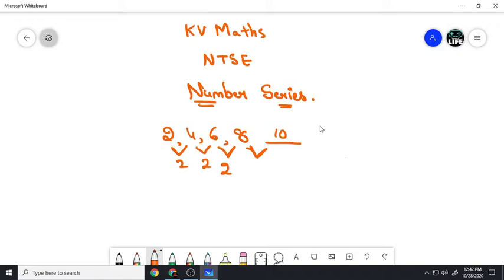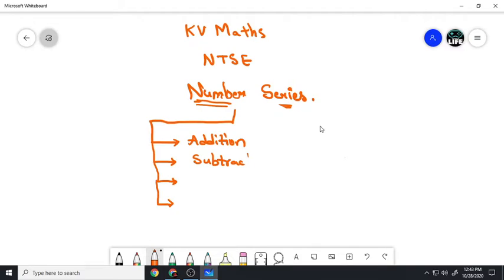So number series are of three types. Wait, I will explain you. Sorry, four types. Number series are of four types. They are addition, subtraction, multiplication, and division.